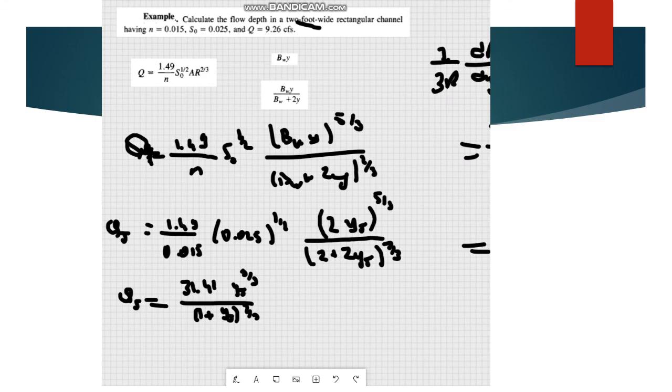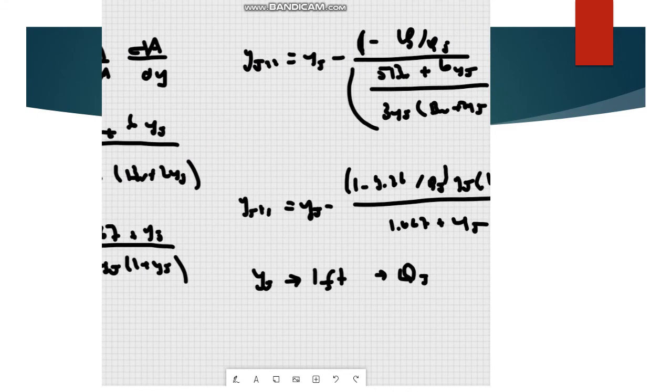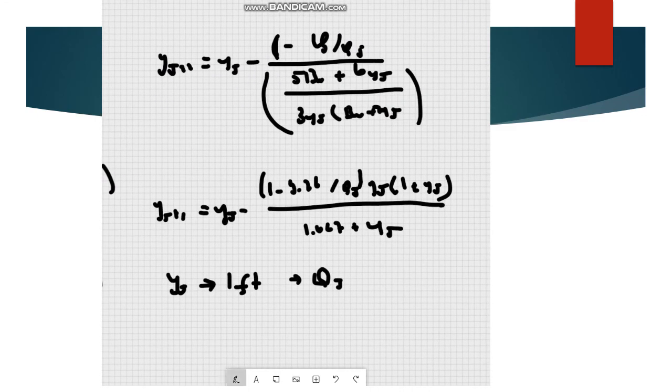We need to plug y_j here. Then we will have Q as 19.79. Is that close to our actual value? No, our actual value is 9.26. Then we will continue. Let's continue.